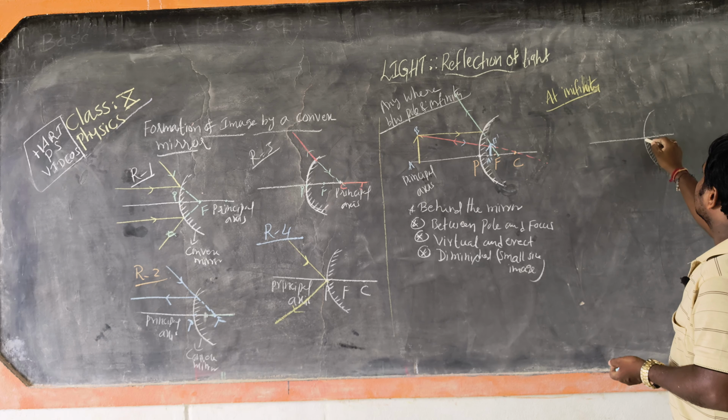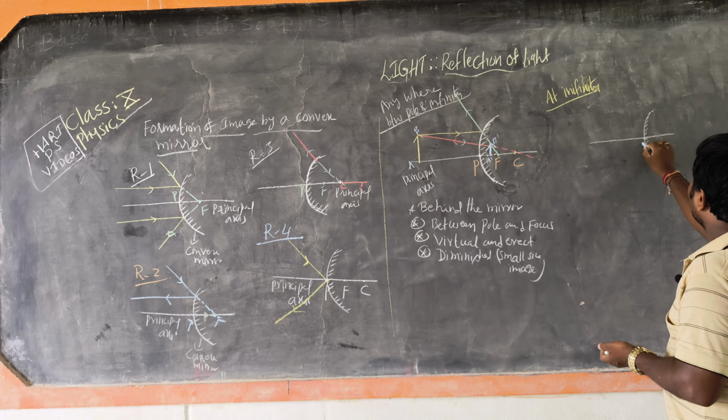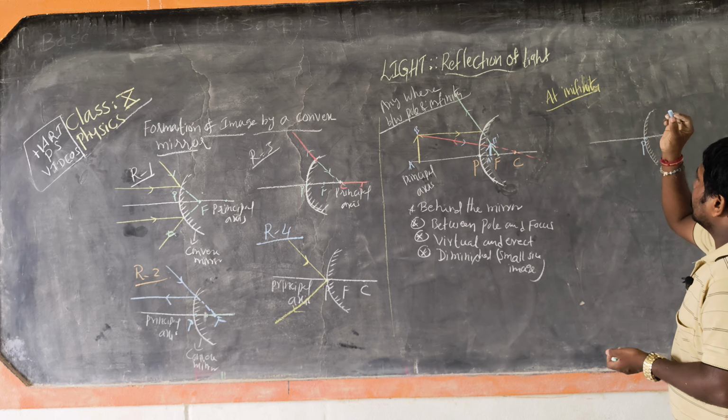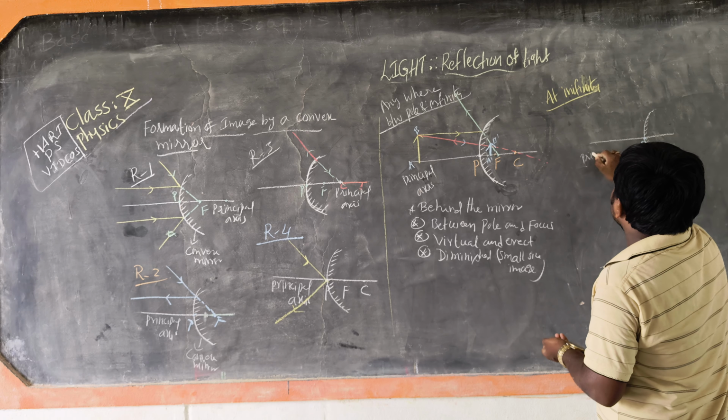For the convex mirror, this is the principal axis.